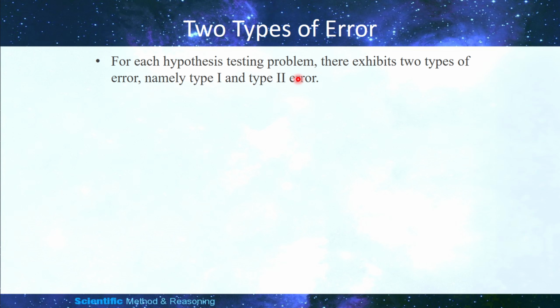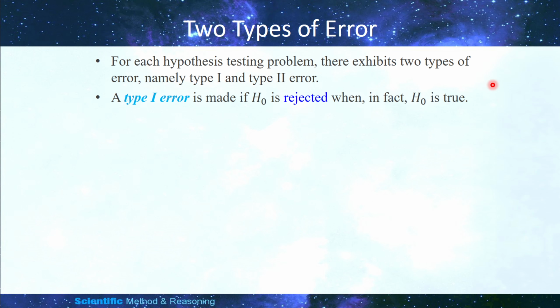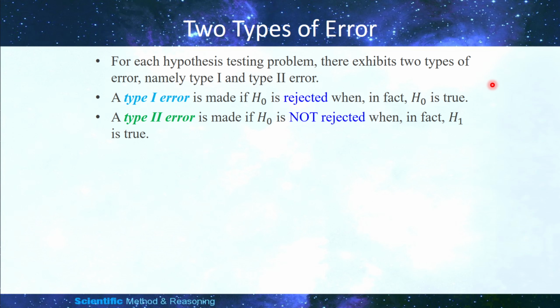So basically we have two types of error. Each hypothesis test exhibits two types of error, namely the type 1 and type 2 error. A type 1 error is made if the null hypothesis is rejected when in fact the null hypothesis is true, while a type 2 error is made if the null hypothesis is not rejected when in fact the alternative hypothesis is true.